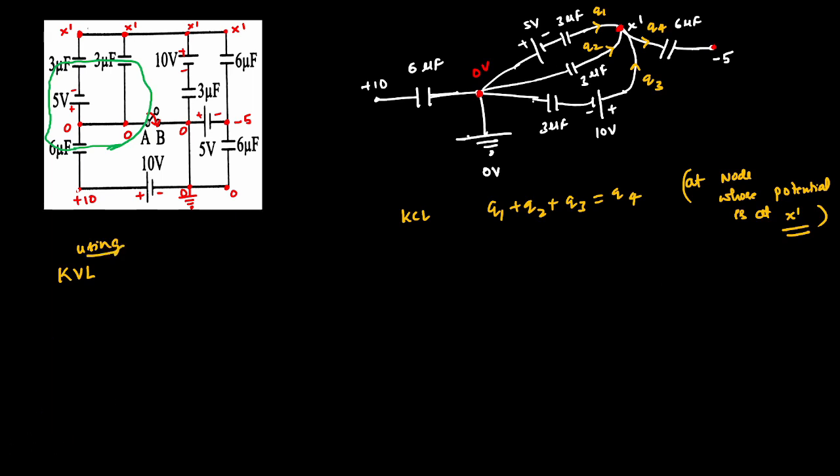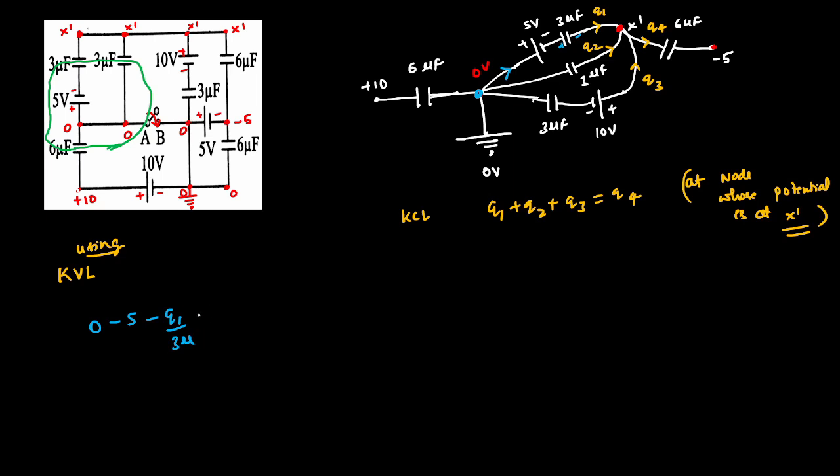Let us analyze the circuit by observing this. Say I start from this point and proceed through this branch, where I was initially at 0 volts. Then I move from plus to minus on the 5 volt cell, and plus to minus, so minus Q1 by 3 microfarad is the voltage drop.